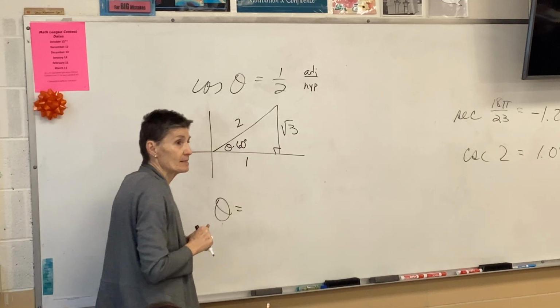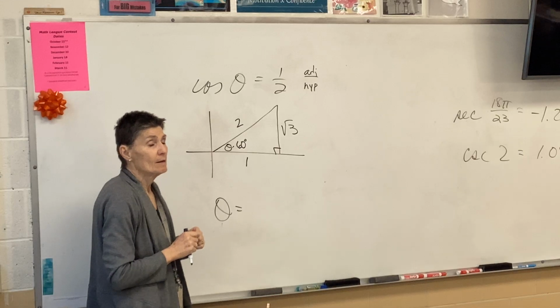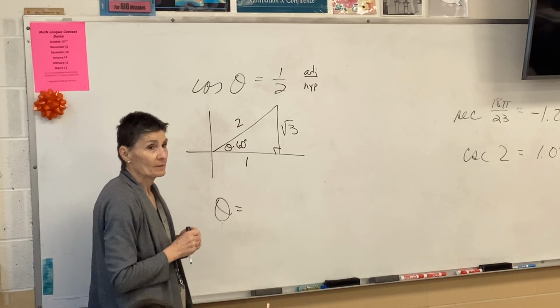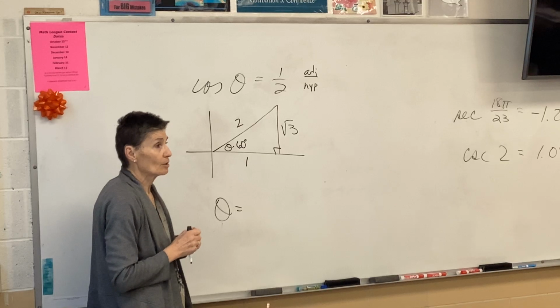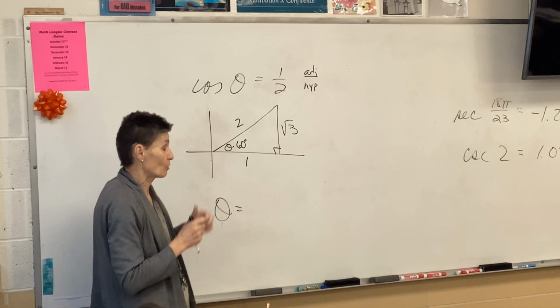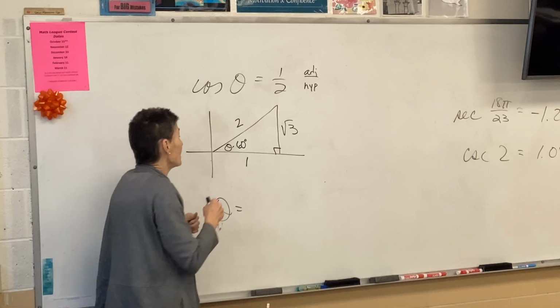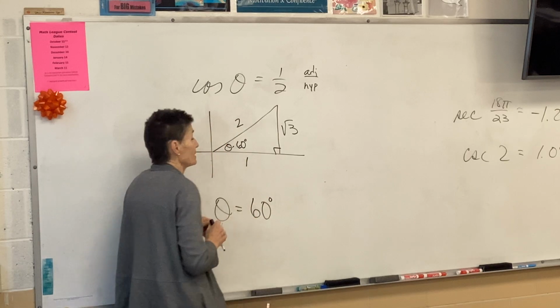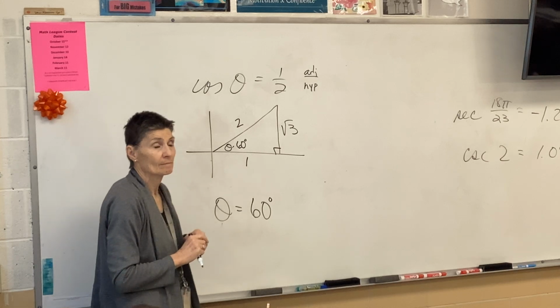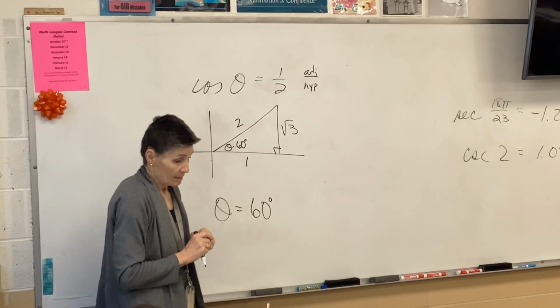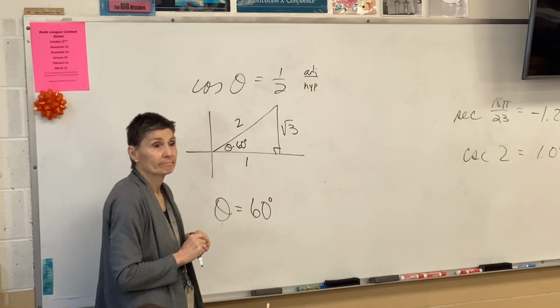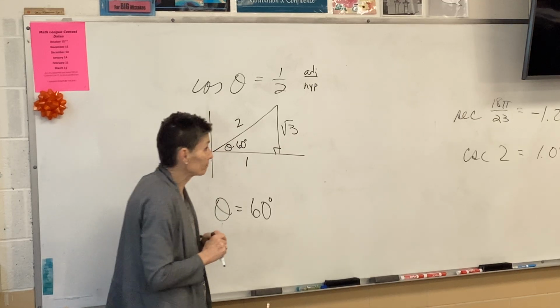How do you know that? I memorized it. Yep, gotta memorize it. Across from the root 3 is 60. That means that my angle is 60 degrees. That's it. That's all we have to do.